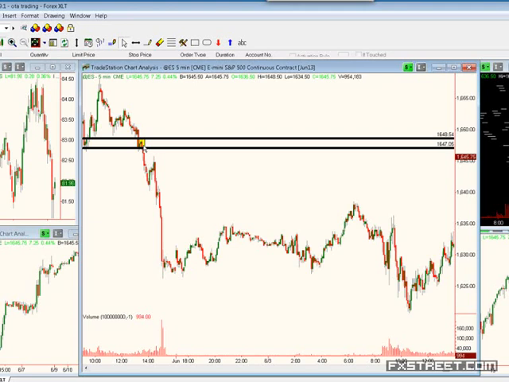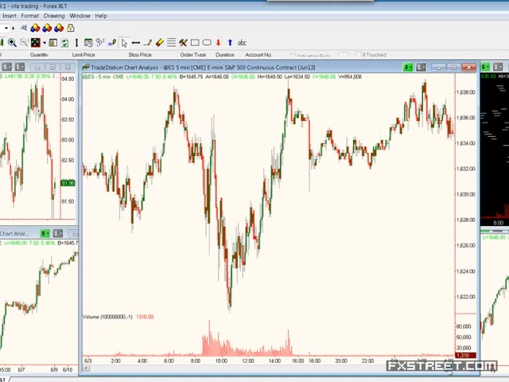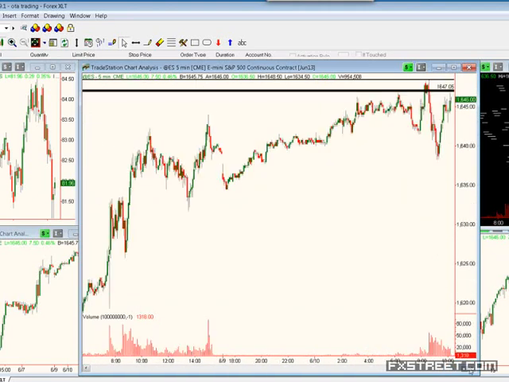Did they sell all the orders they had to sell? No. We know that because price didn't stay there and fell away. What an institution or a bank spends a lot of time doing, and that's how they make a lot of their money, is getting those orders filled. So they're going to do what they can to get price back to that level.